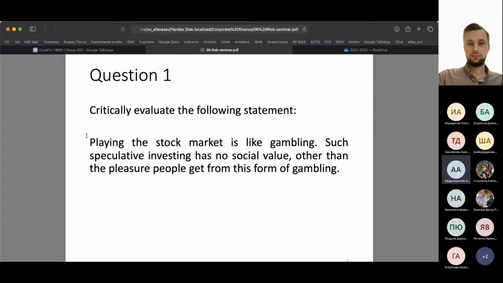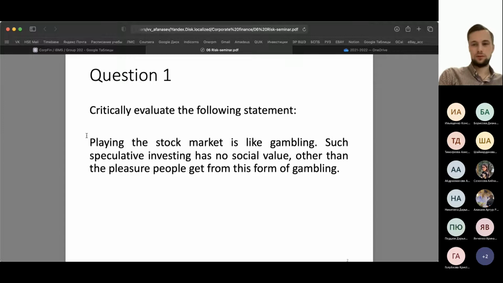But I would agree with the first sentence because for some people, it's like gambling, because there are even such negotiations, I don't remember how they are called in English, when you make bets on whether stocks will go up. You mean options?